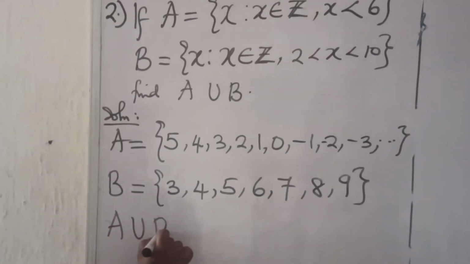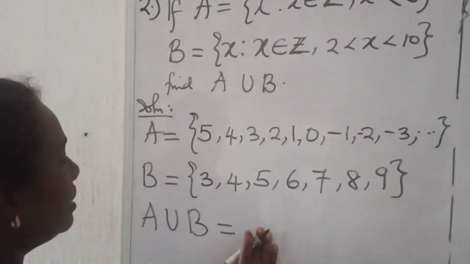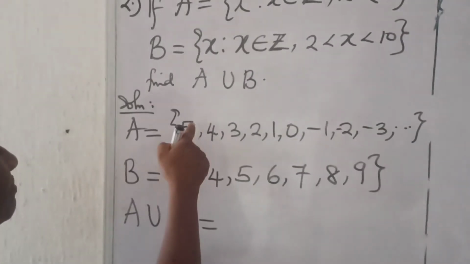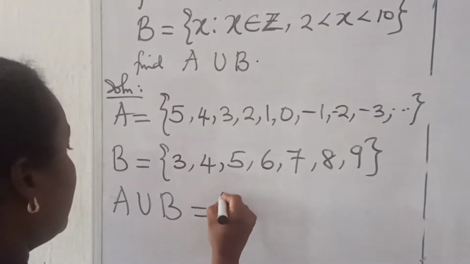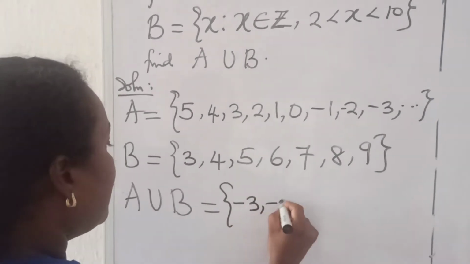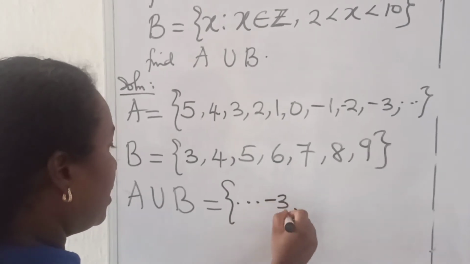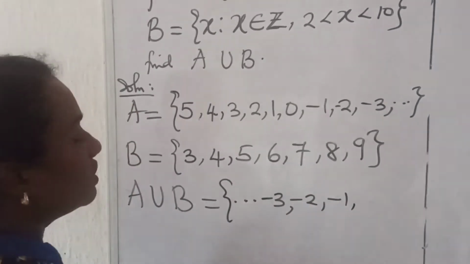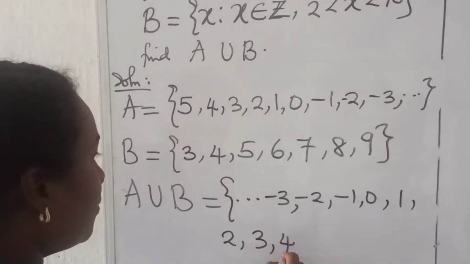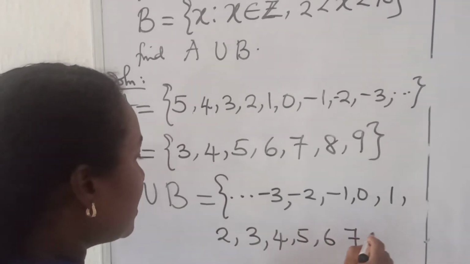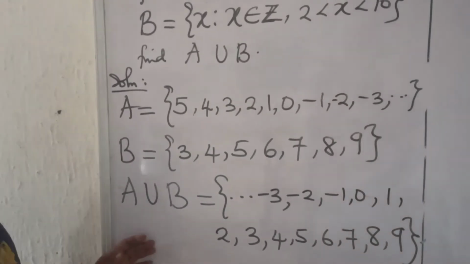Then the union of A and B will be, we'll pick all the elements that are found in set A and set B. We have minus 3, minus 2, minus 1, 0, 1, 2, 3, 4, 5, 6, 7, 8, and 9. So this is the union of A and B.